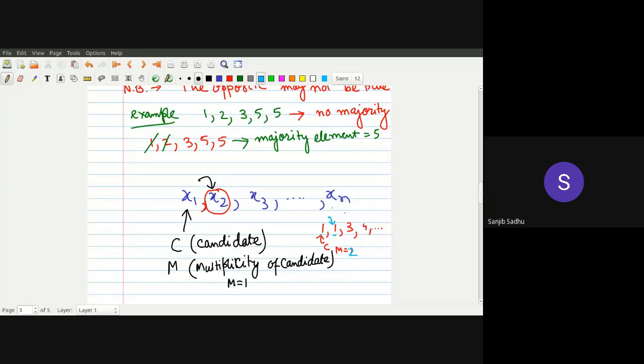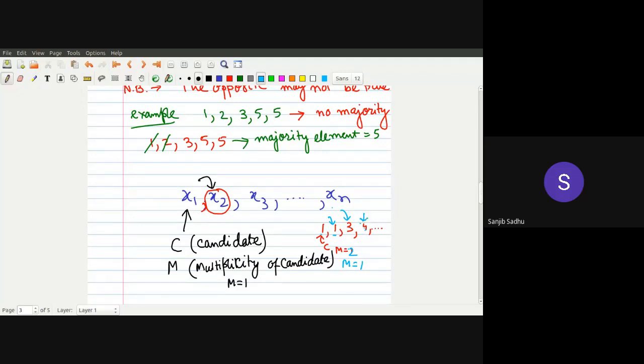Then I come to 3. 3 is not the candidate, because the candidate value is 1. So I should reduce M to M minus 1, so M will now be 1. Then 4. You see, still C equal to 1. Now 4.